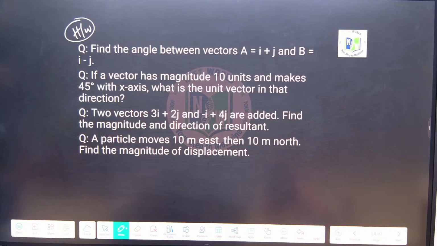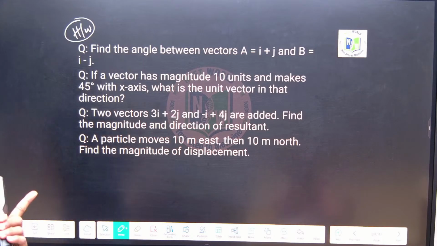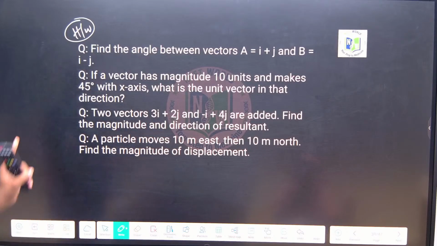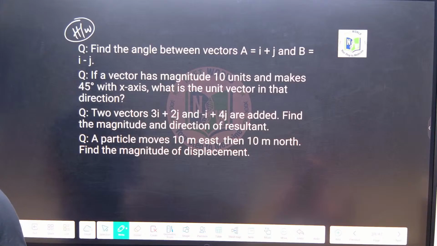Second question: if a vector has a magnitude of 10 units and makes 45 degrees with the x-axis, what is the unit vector in that direction? So 10 units, 45 degrees with the x-axis. Components: 10 cos theta, cos 45, so 10 cos 45 i cap.